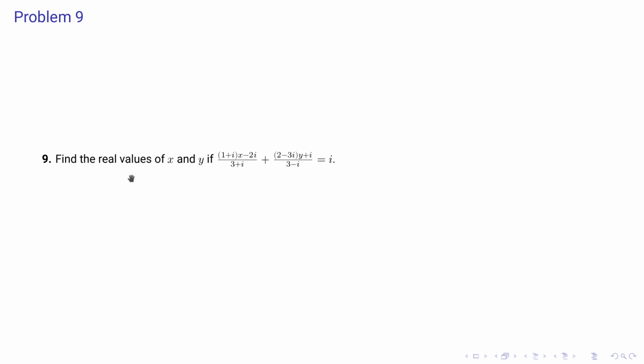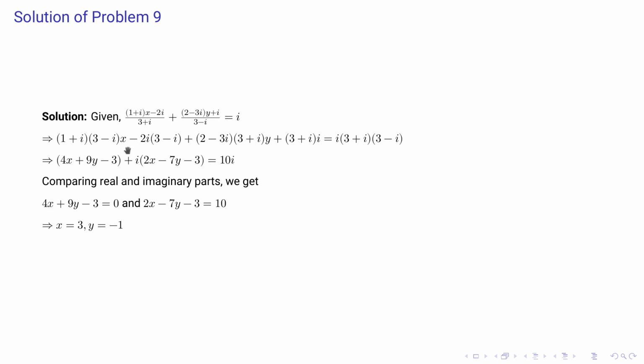Problem 9 says: find the real values of x and y if (1 + i)(x - 2i)/(3 + i) + (2 - 3i)(y + i)/(3 - i) = i. In this case, we take the LCM. Our left hand side becomes (1 + i)(3 - i)(x - 2i) plus (2 - 3i)(3 + i)(y + i), and the denominator we take to the right hand side.